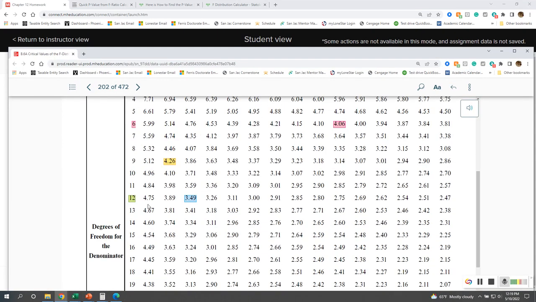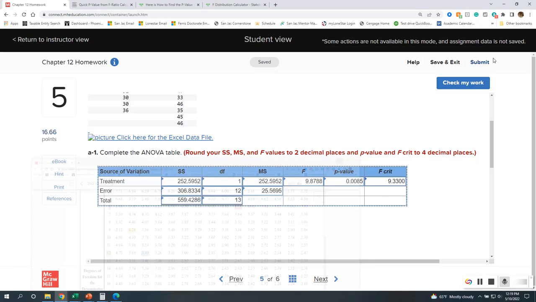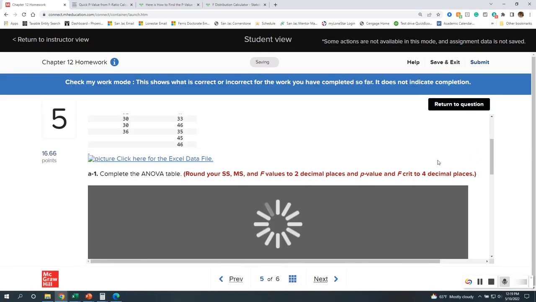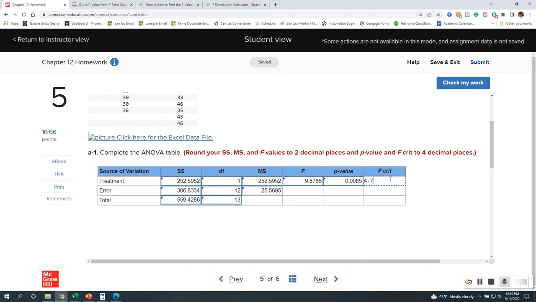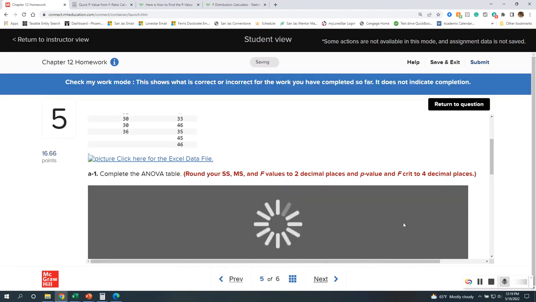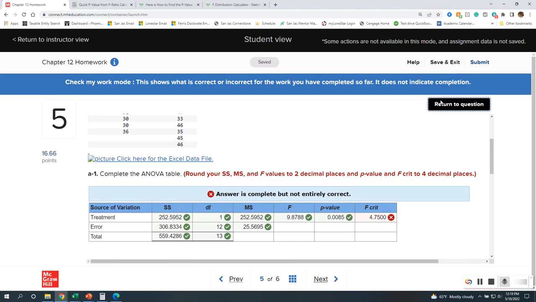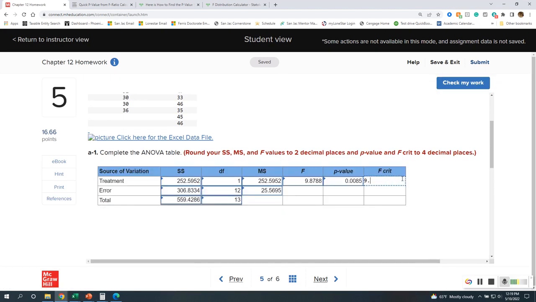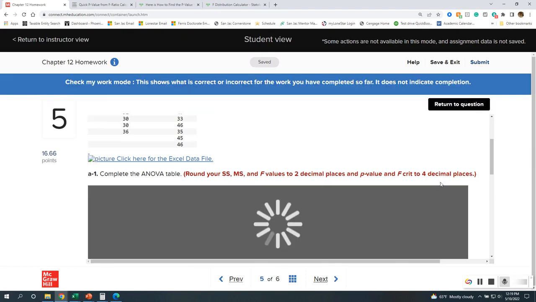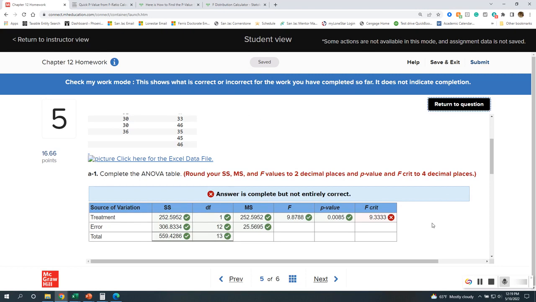They may do it based on the regular 4.75. I doubt it. Oops. Yeah. So they want a closer one. So let's just do 9.333. See if it's just a 3 repeated. No.